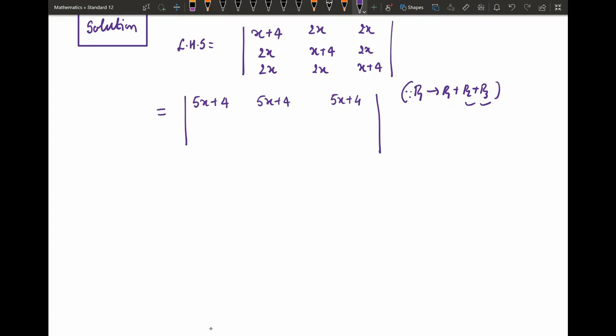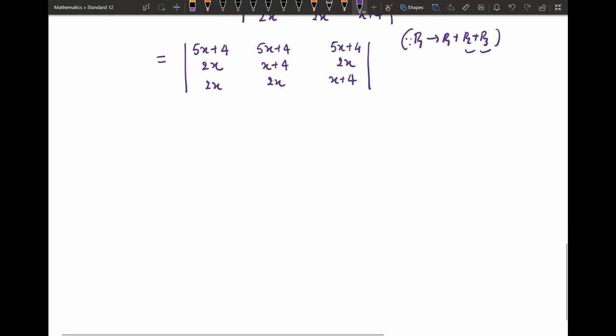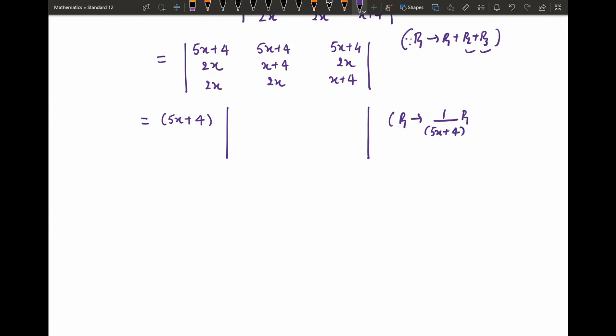So the first row is 5x plus 4, 5x plus 4, so you can get an idea that we can take 5x plus 4 common from the first row, using the properties of the determinant. From any row or column we can take common. Symbolically we denote R1 to 1 upon 5x plus 4 of R1.